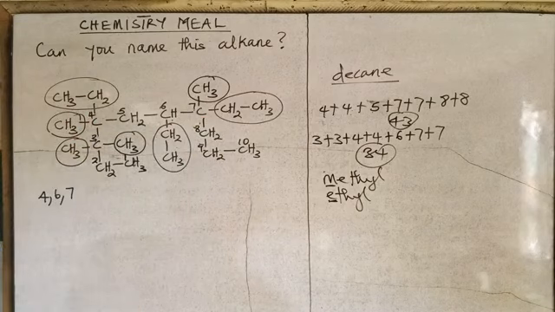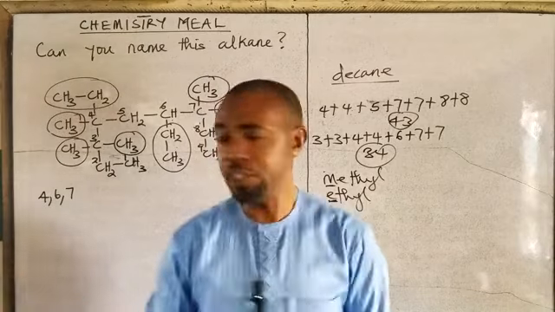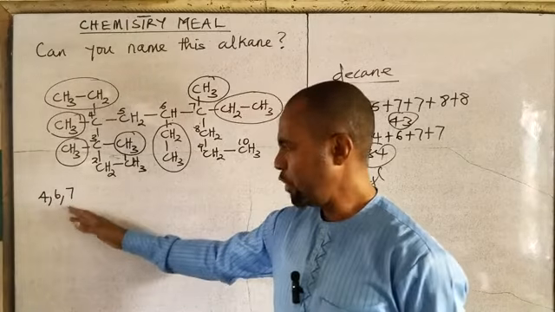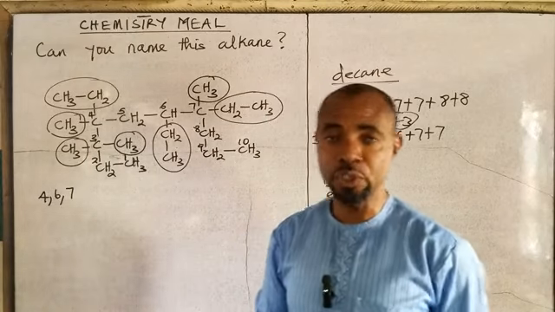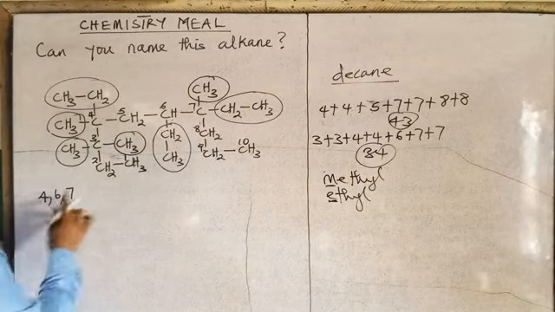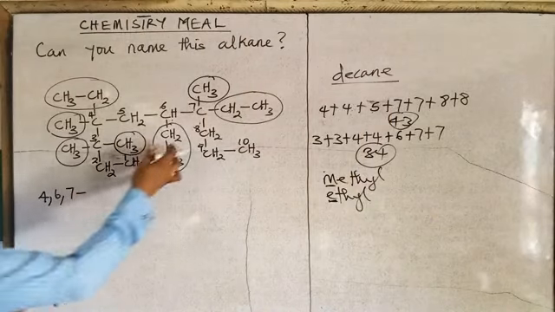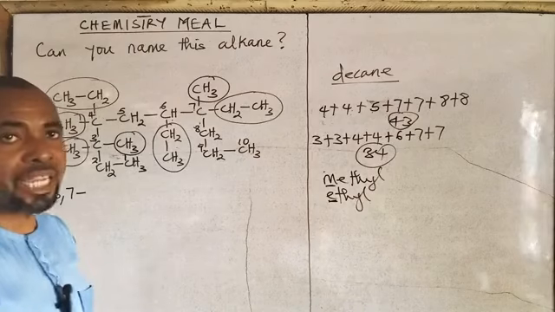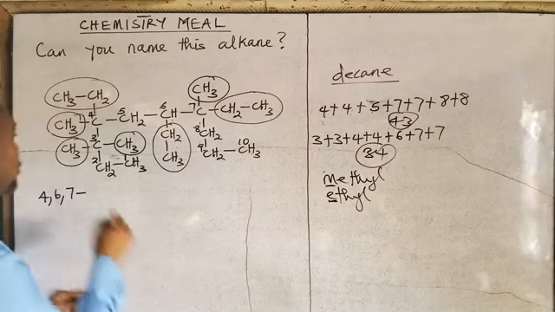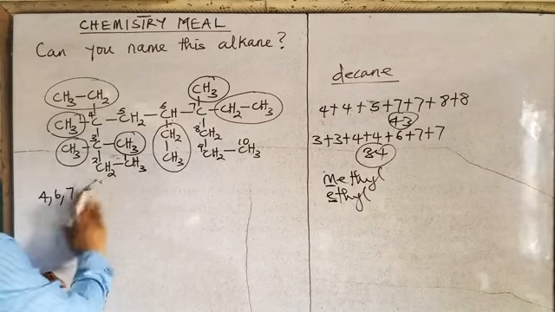So that's their position. Now we know in the nomenclature we separate number from number using a comma, and we separate number from letter or number from word using what? Using a hyphen. So now that I've written this, the substituent group occurs 3 times. So we use the prefix tri to show the number of times it occurs. So this is going to be what?